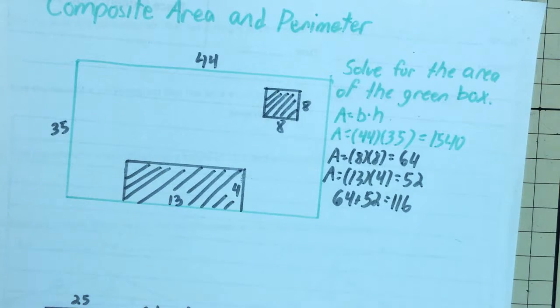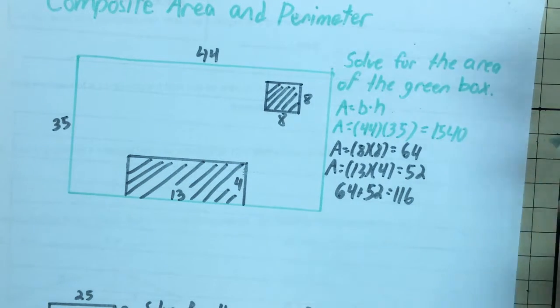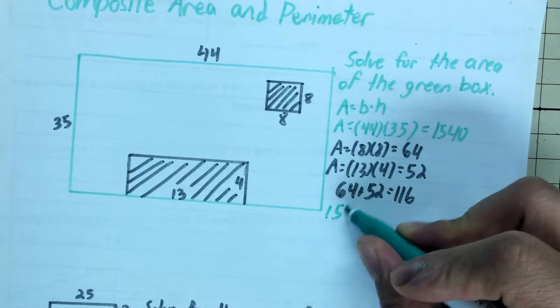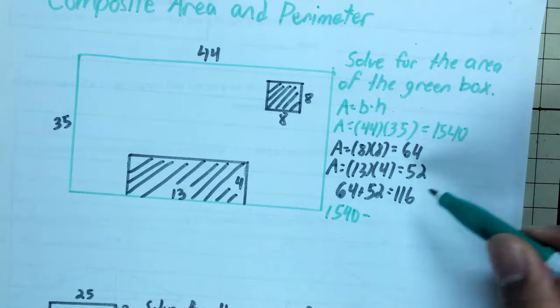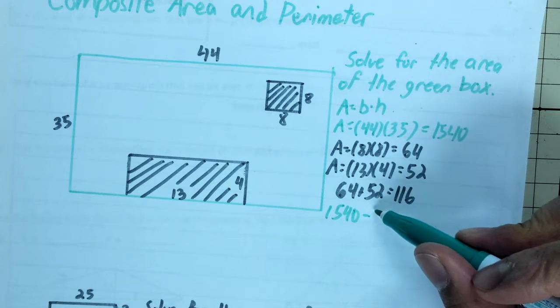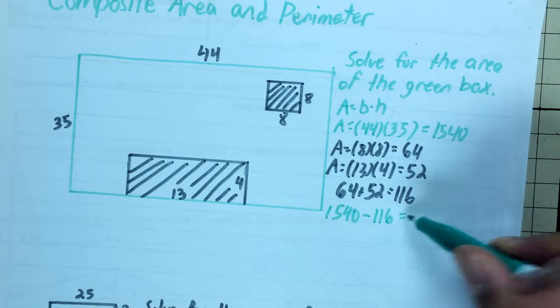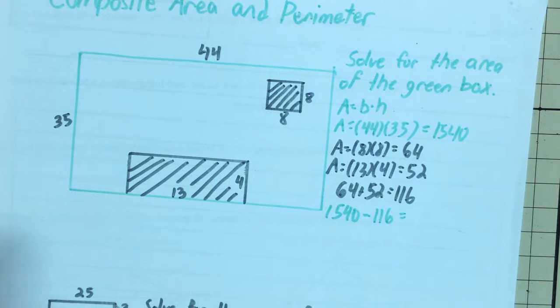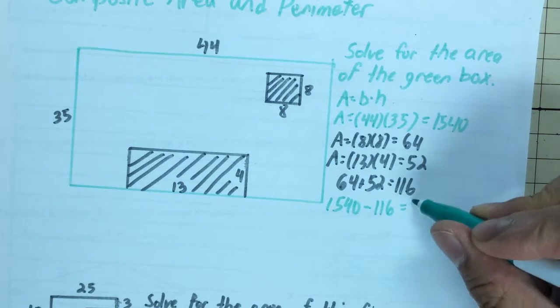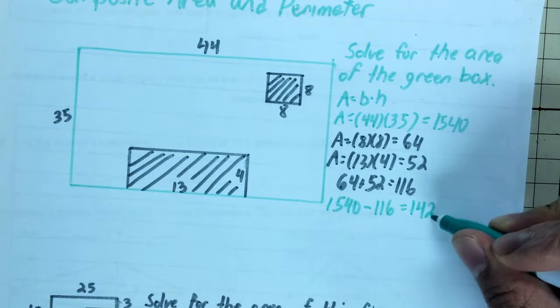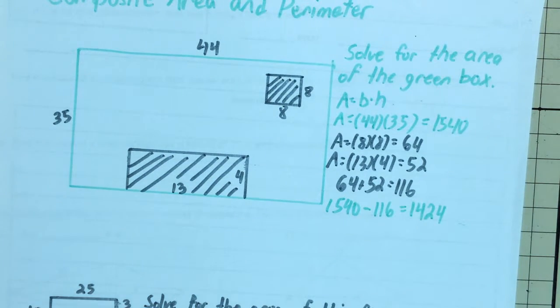And now we can do my green box 1540 minus the part that I want to remove, 116, to get me 1424 is my area.